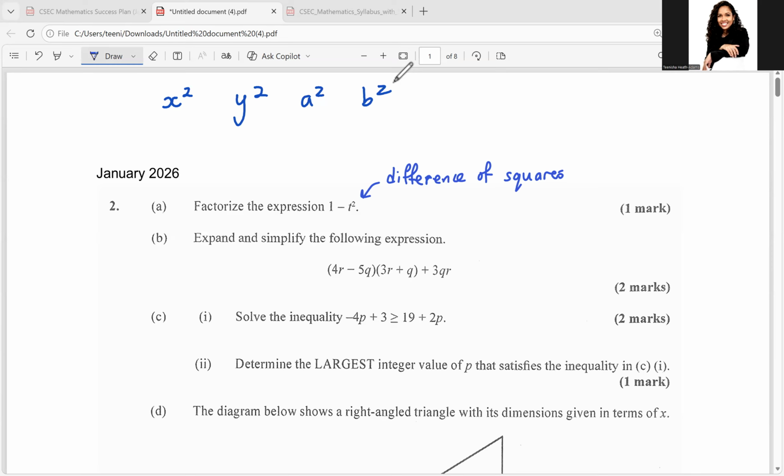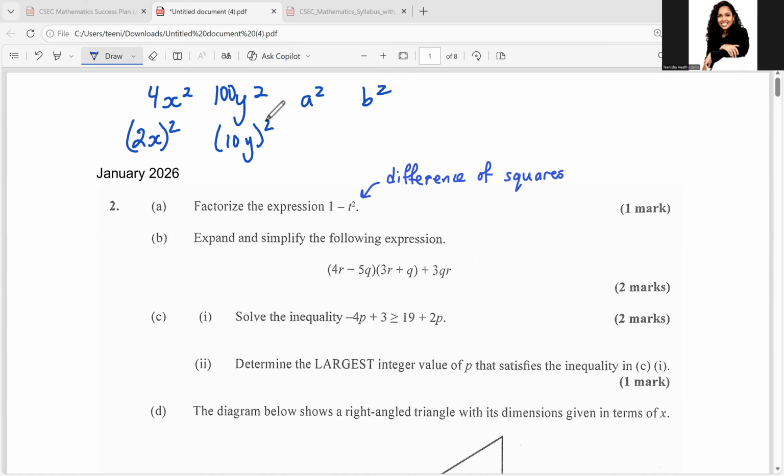And you could even take that a step further. You could say 4x squared is a squared term. The reason 4x squared is a squared term is because 2x times 2x will give me 4x squared. Let's say I had 100y squared. Well, the square root of that will be 10y, right?